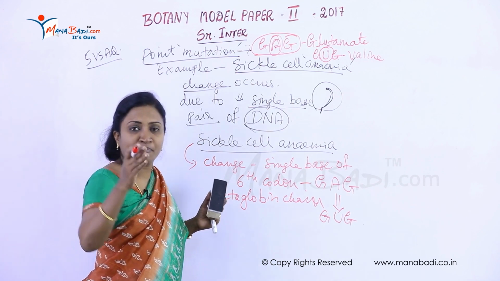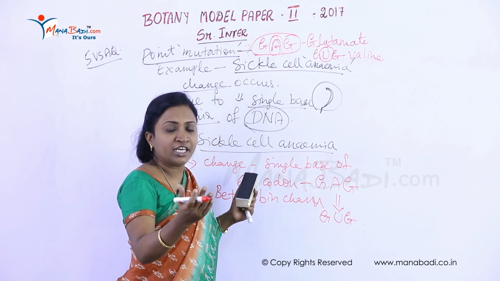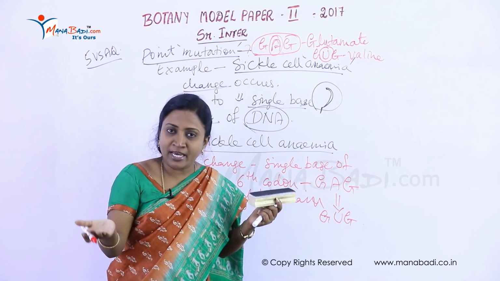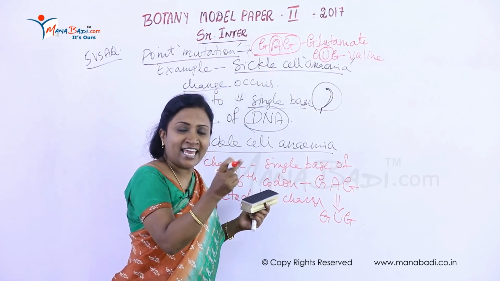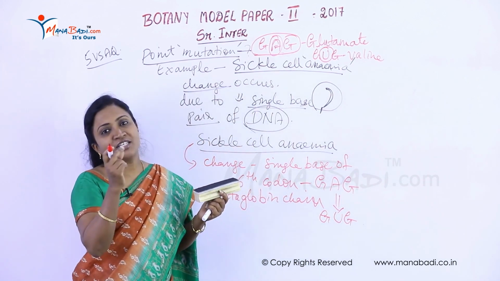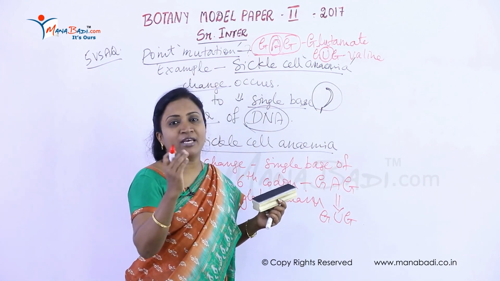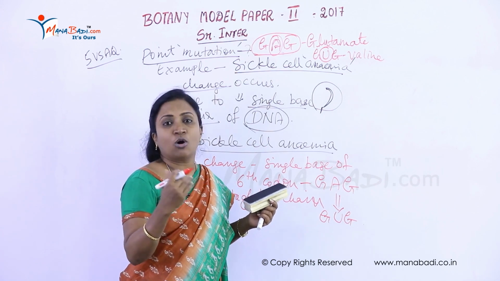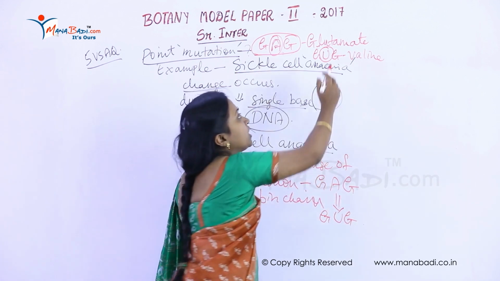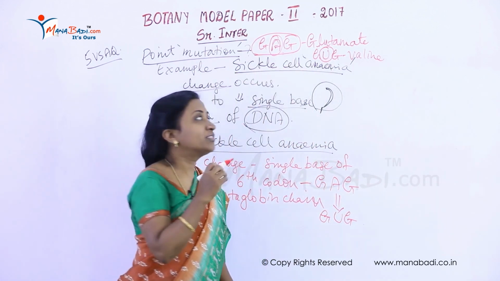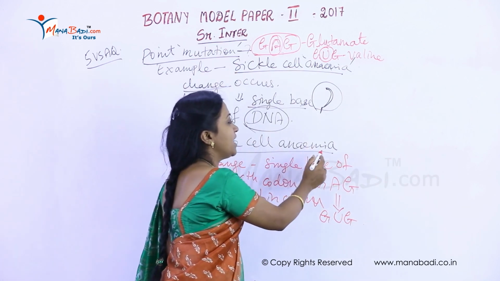As the code is a triplet code, the codon GAG, which normally codes for glutamate, now becomes GUG, which codes for valine. That leads to sickle cell anemia.